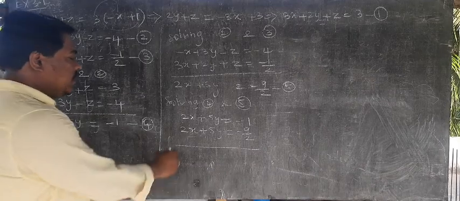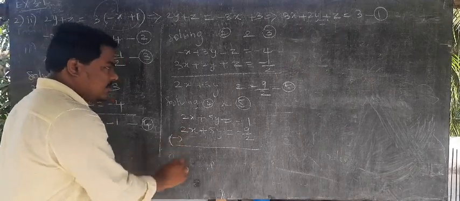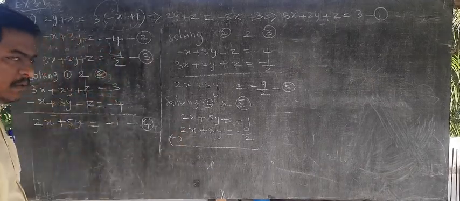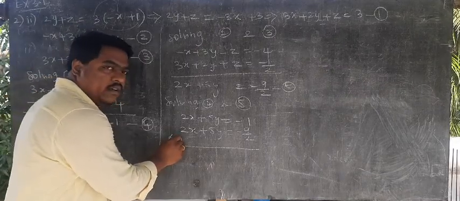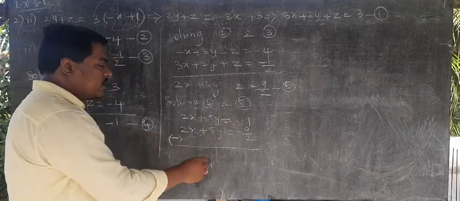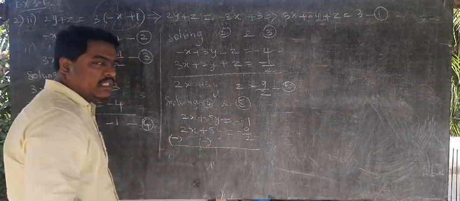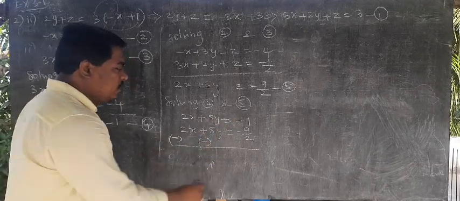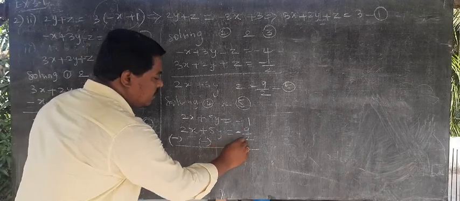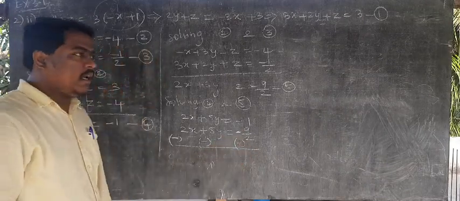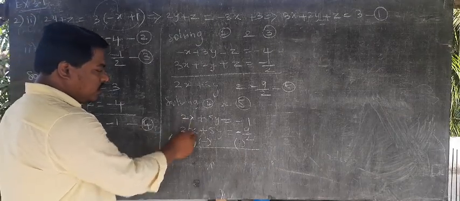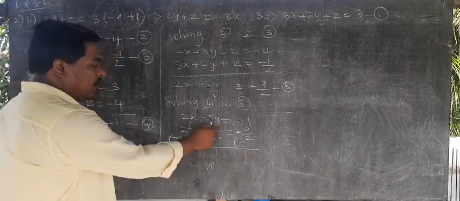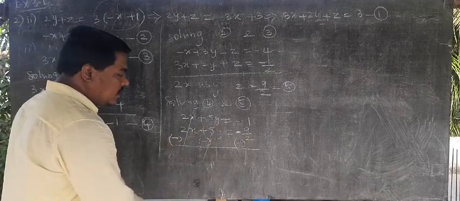We want to cancel the x, so we need to change the sign. Once we change it anywhere, we need to change the whole equation. Plus means minus, minus means plus. So here minus 9 by 2, I write plus 9 by 2. So 2x minus 2x will be cancelled, 5y minus 5y will be cancelled, so we get 0.